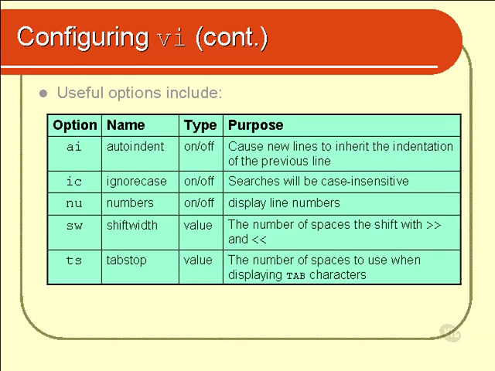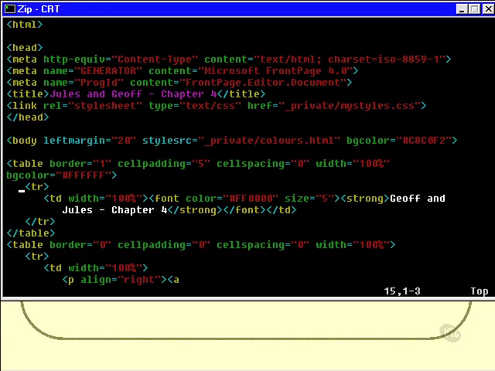And finally, one that's used in conjunction very often with shift width is TS, which is short for tab stop, which is the number of spaces used to display each tab character. Let's see if we've got any tab characters in this file. Yes, we do. There's one right there. I can tell that's a tab character because if I try and move to the character to its left, I can't do it.